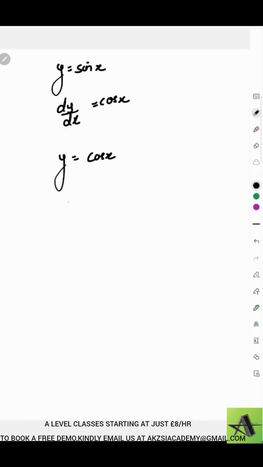So let me see the differentiation of trigonometric functions. So if your function is sine x, then differentiation of sine x is cos x. If your function is cos x, then differentiation of it will be minus sine x.